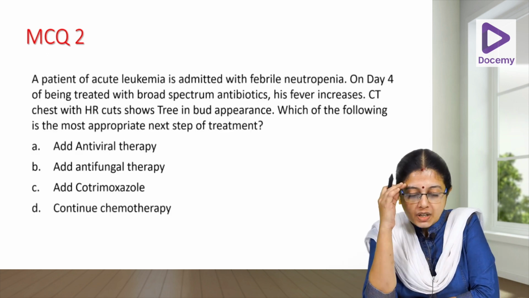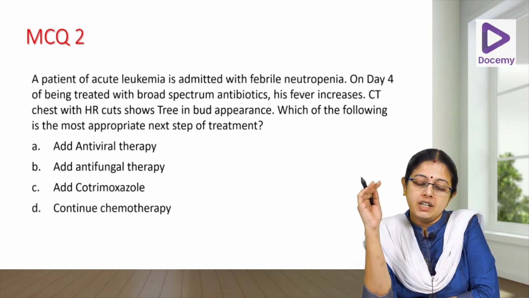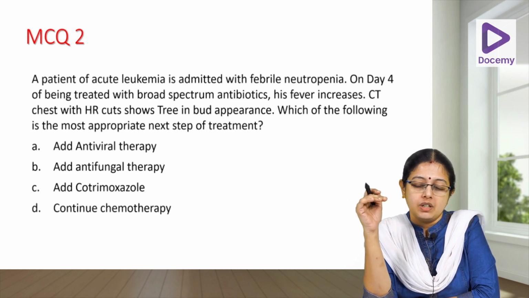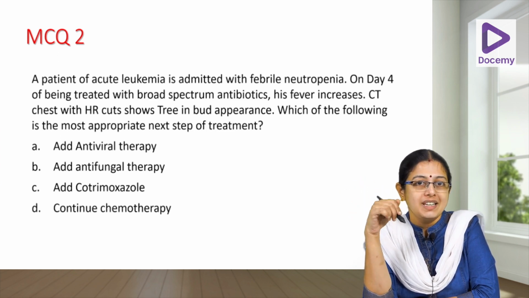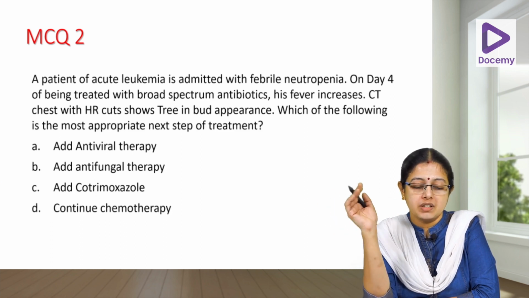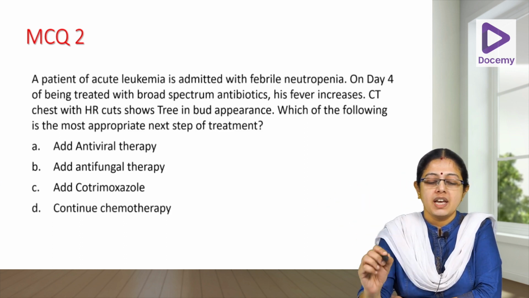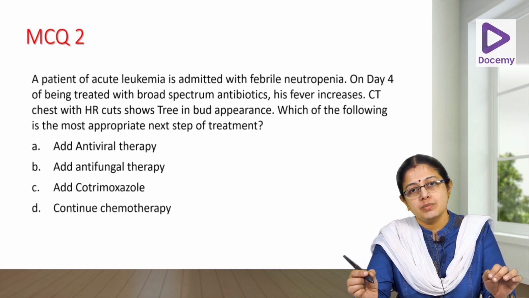MCQ number 2. Now we have a patient who has acute leukemia, who is admitted with febrile neutropenia. On day 4 of being treated with broad spectrum antibiotics, his fever increases. CT chest with high resolution cuts shows tree in bud appearance.